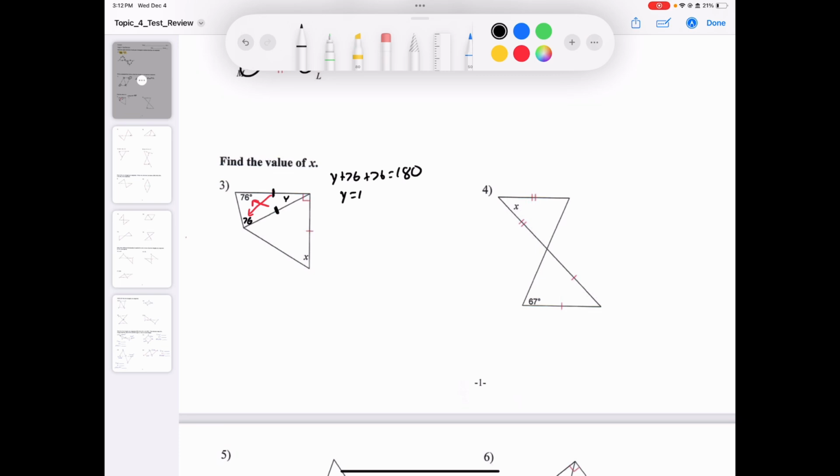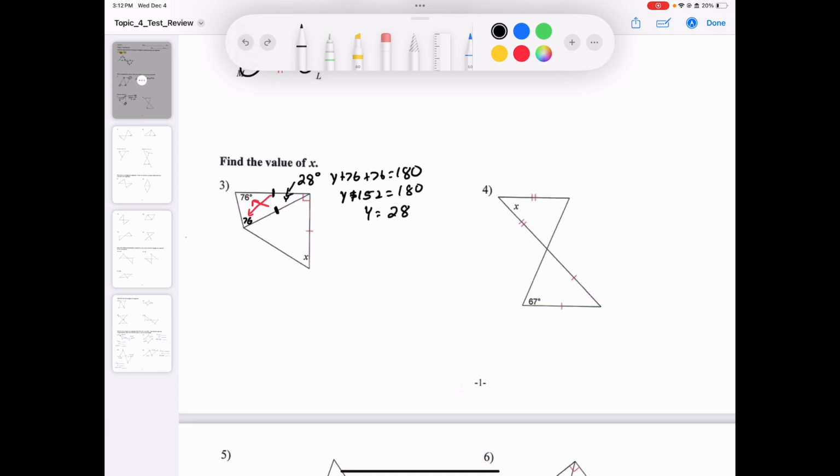So we got Y plus 152 is equal to 180. Subtract 152 from both sides, so 180 minus 152. So I get the measure of angle Y is actually 28. So that angle right there is 28 degrees. It's not really what I need. Okay, I need this angle down here.